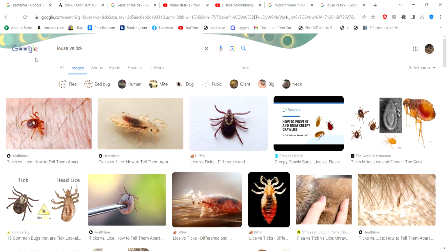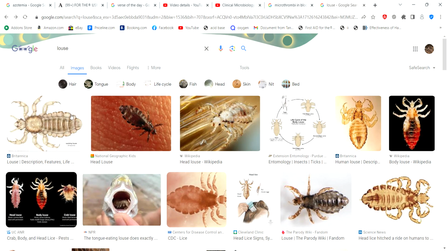Oh, so 1, 2, 3, 4, 8 legs. 1, 2, 3, 6 legs. So this 6-legged thing is a louse. It causes relapsing fever. Borrelia burgdorferi has 8 legs and causes Lyme disease. Now, Brucella species.